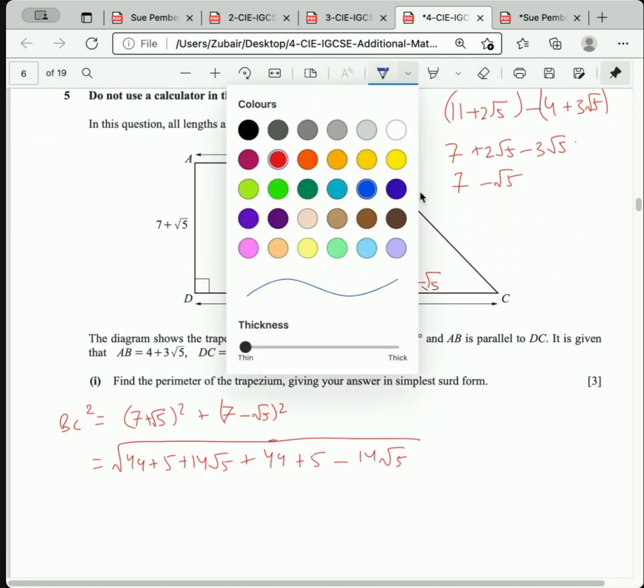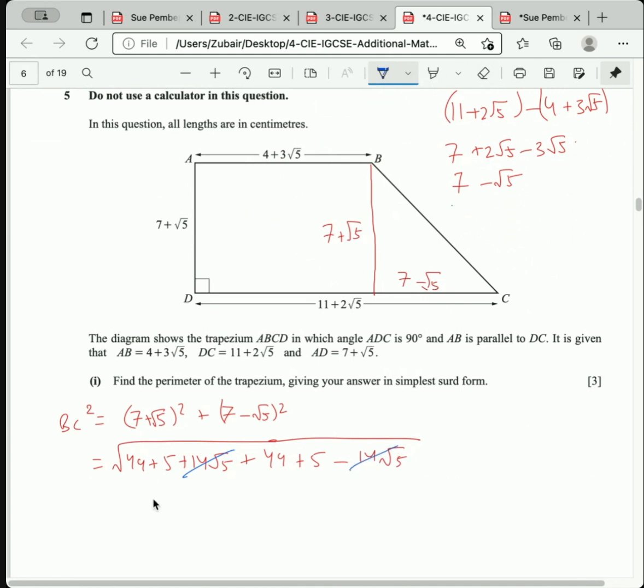So the negative and positive cancel out. 49 plus 5 is 54, times 2 is 108. And again, without calculator, 108, 2, 54, 2, 27, 3, 9, 3, 3, 3, 1. So 1 pair, 2 pair, 2 times 3 is 6, root 3.